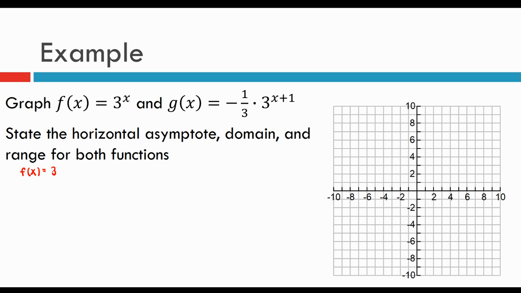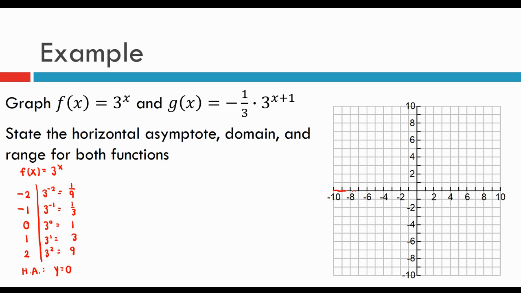I know that if it's 3 to the power of x, we're thinking our table going from -2 up to +2, where 3 to the -2nd power is going to be 1/9, 3 to the -1st power is 1/3, 3 to the power of 0 is going to be 1, 3 to the 1st power is 3, and 3 squared is 9. Once again, notice that because there is no shifts involved, as far as our horizontal asymptote goes, we're going to want y to equal 0.